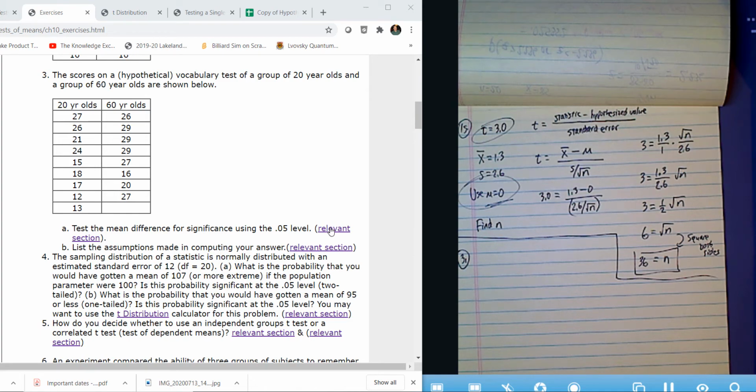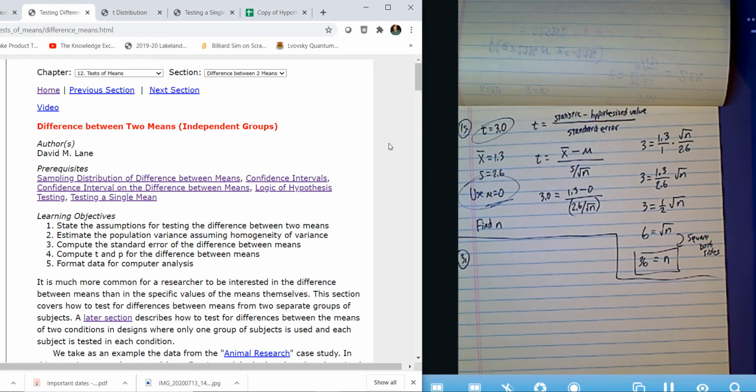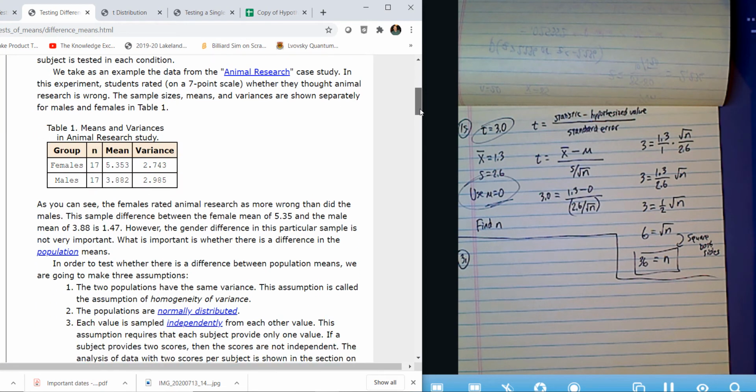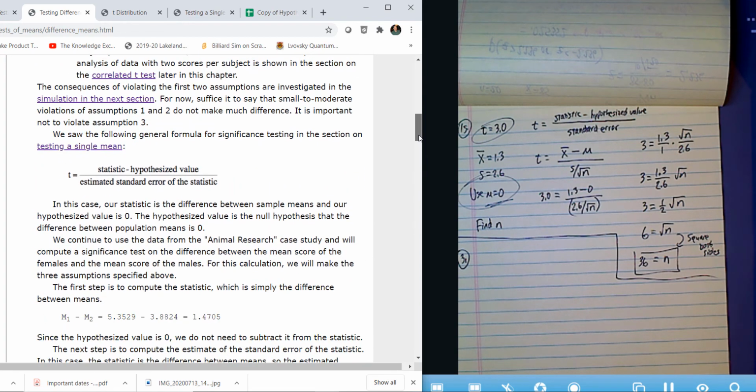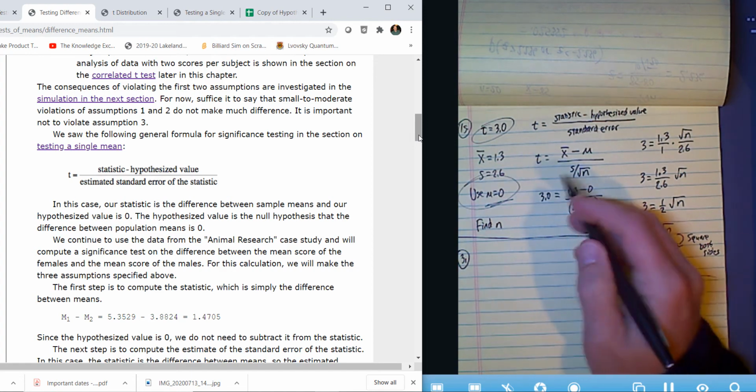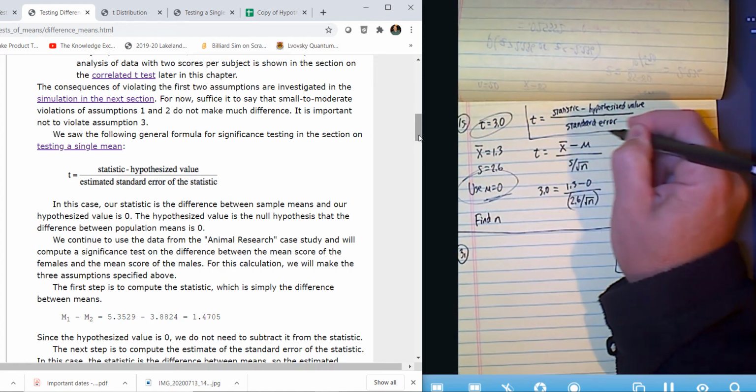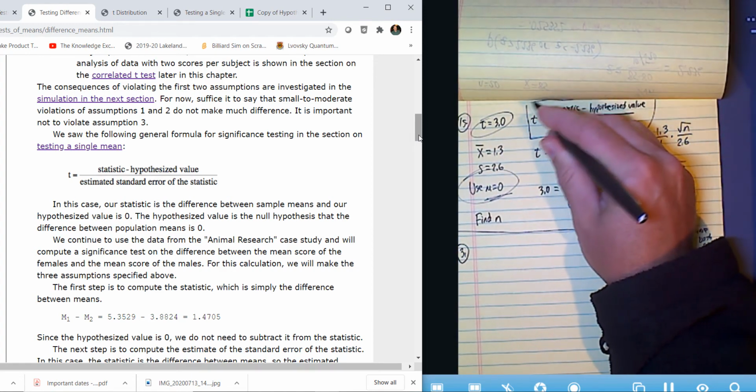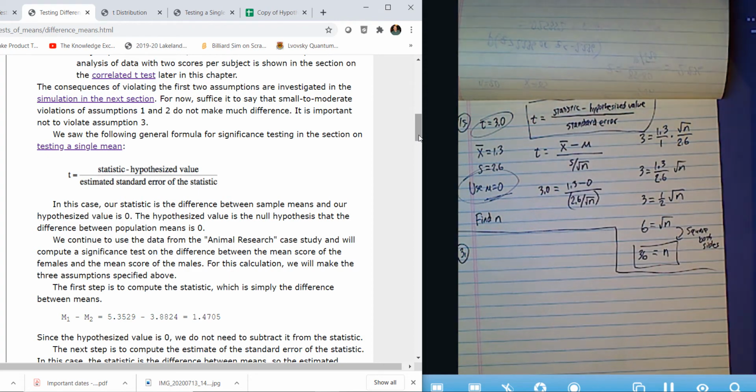But if we click on the relevant section, difference between two means and independent groups. They're talking a little bit, but here's our familiar friend, right? So I wrote that up here from the last problem. T equals statistic minus hypothesized value over the standard error.